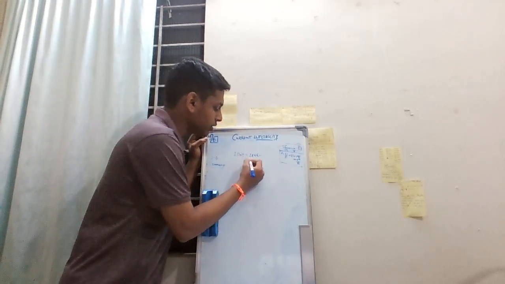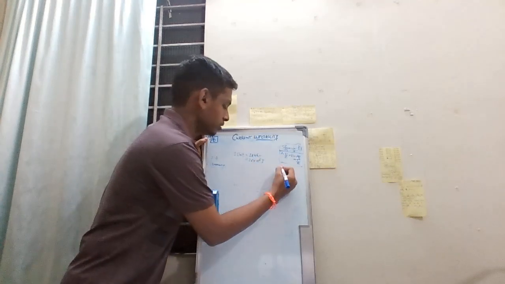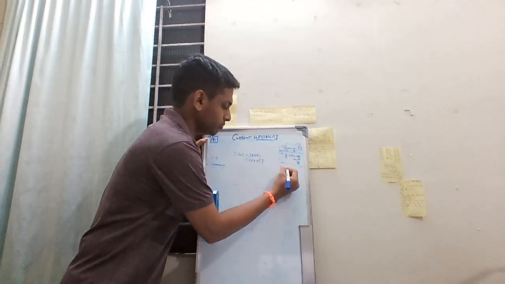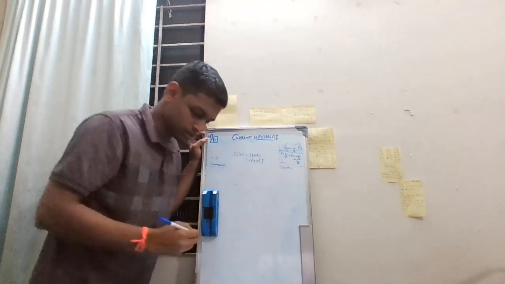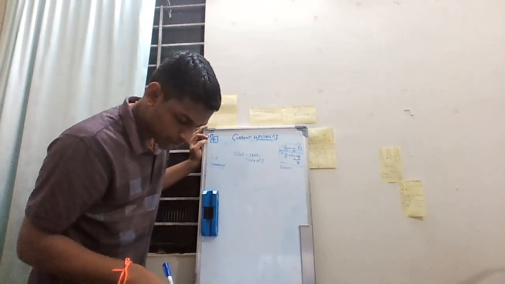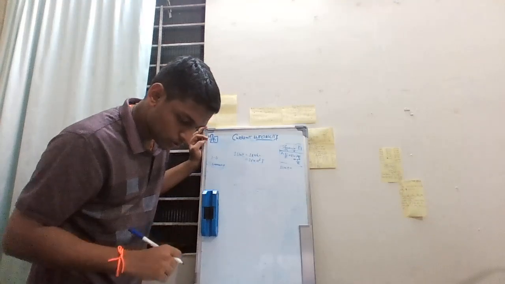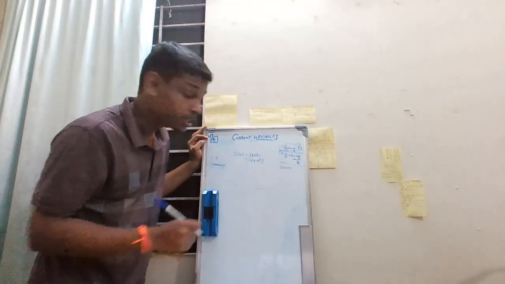So that would be 3.6 into 10 power 6 joules. If you want to look at the derivation, they have multiplied 1 kilowatt into 1 hour, 1000 watts into 3600 seconds.